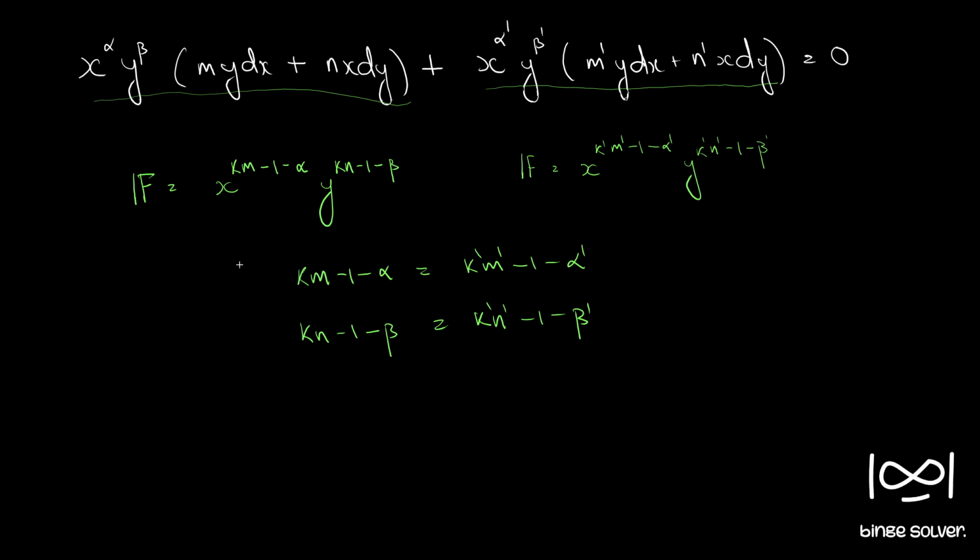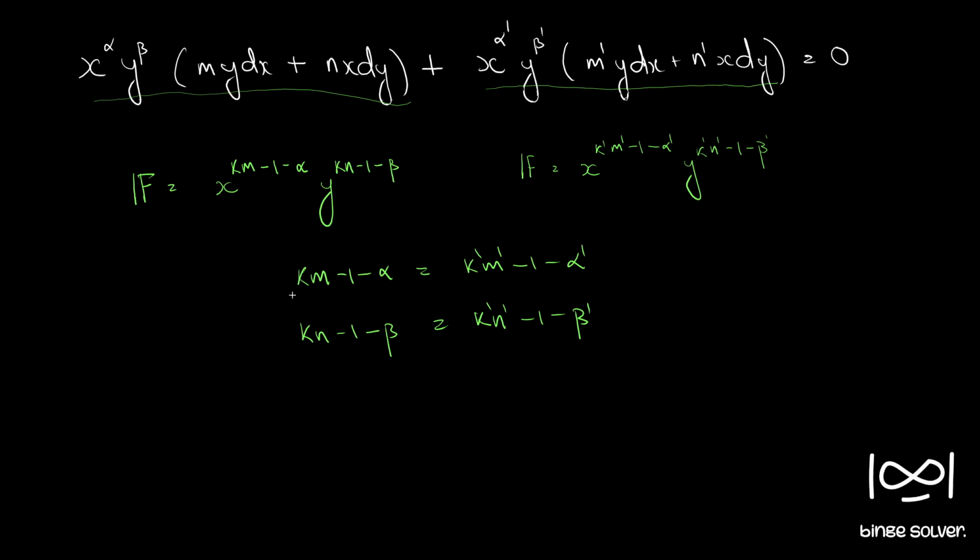We can find either this or this integrating factor, which becomes a common integrating factor for both parts. So it becomes the integrating factor for the whole equation.